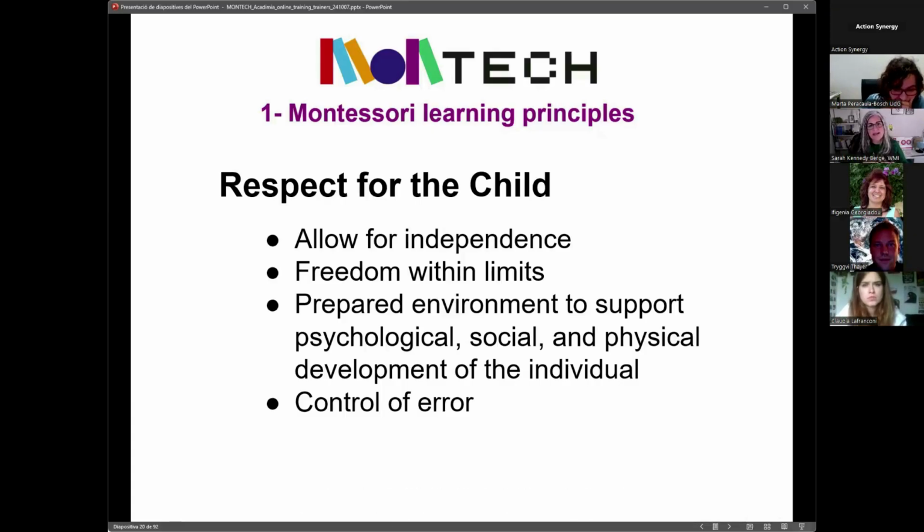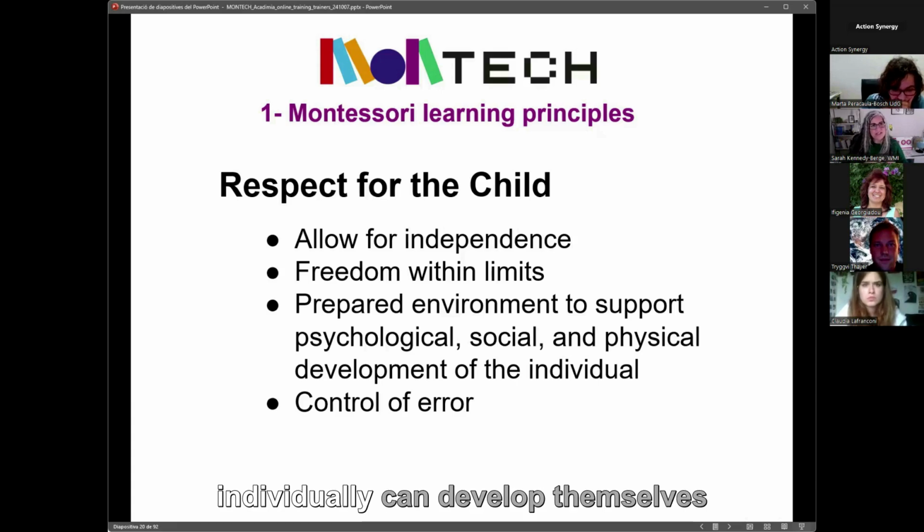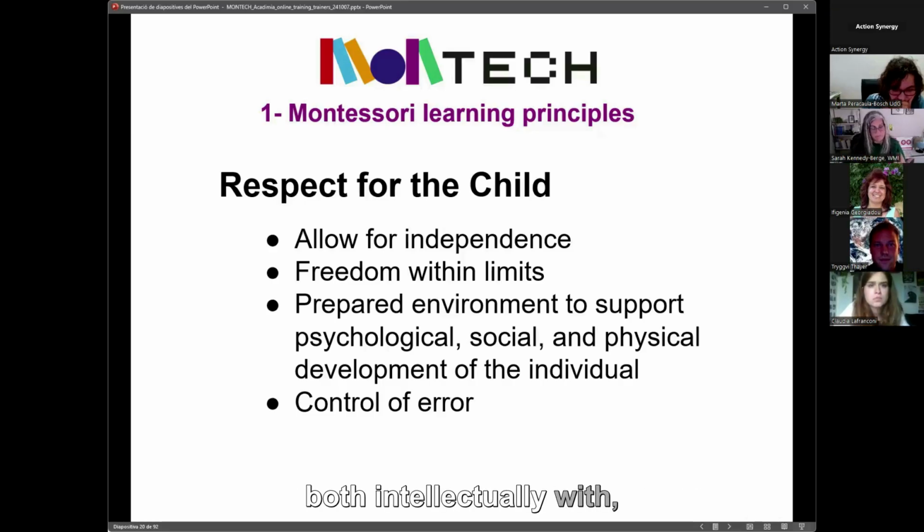But we are working on preparing this so that each child individually can develop themselves both intellectually, learning knowledge, but also their psychology, their social aspects, because the age that the Montec project was geared for was 6 to 12, elementary age students.